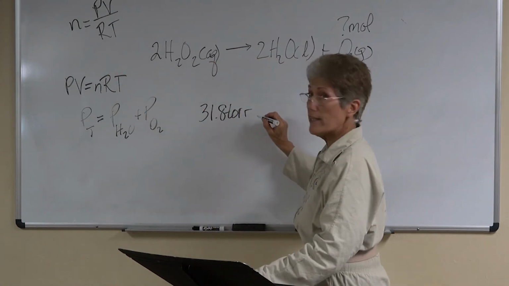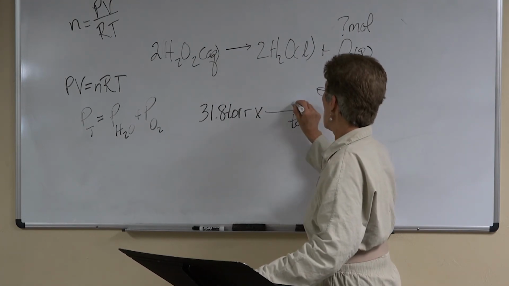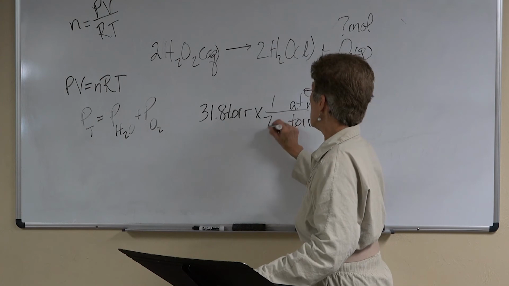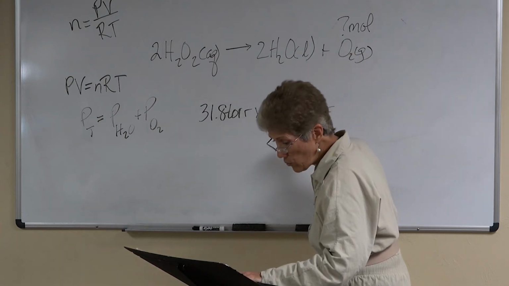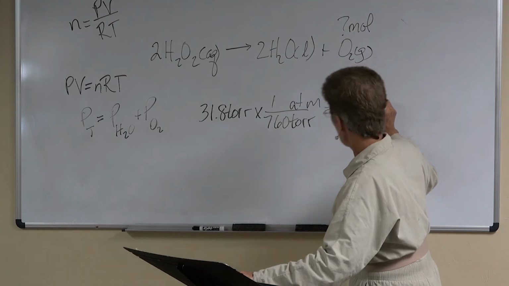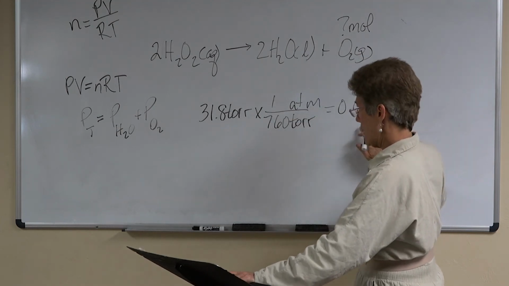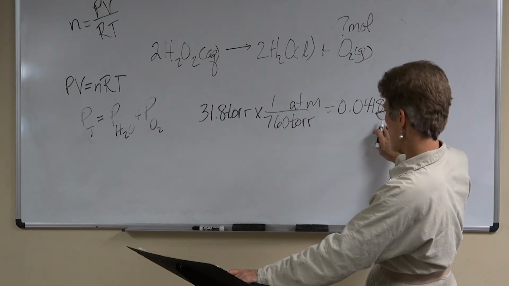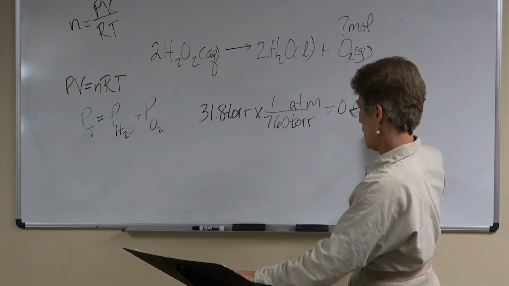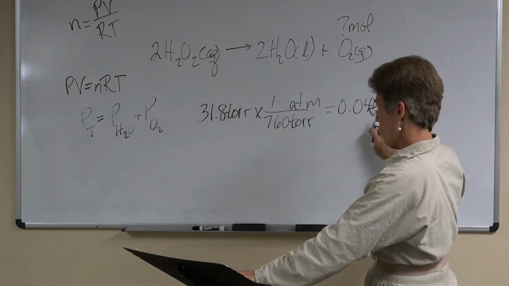And so you're going to go times 1 atmosphere over 760 torr, and that's going to give us 0.0418 atmospheres. Excuse me, that is the partial pressure of the water.